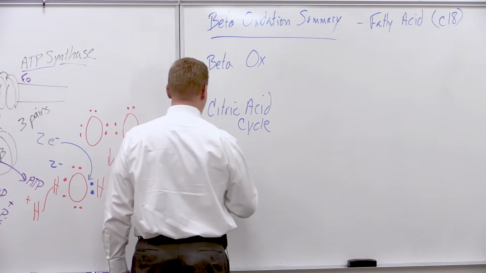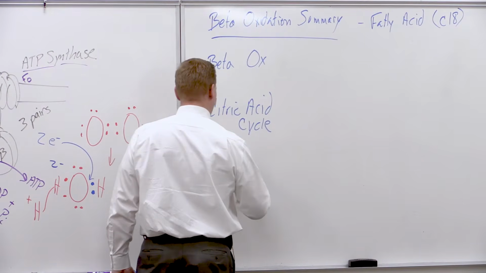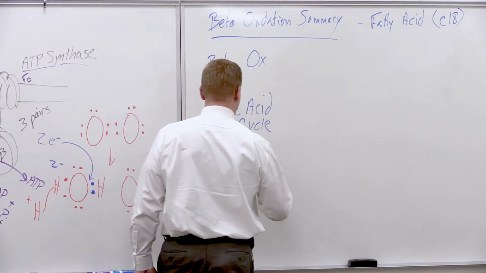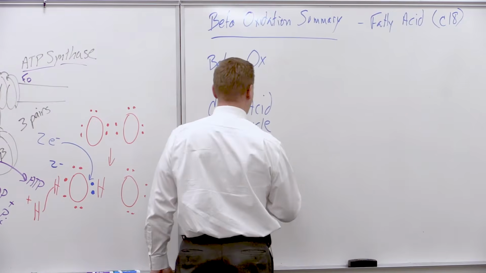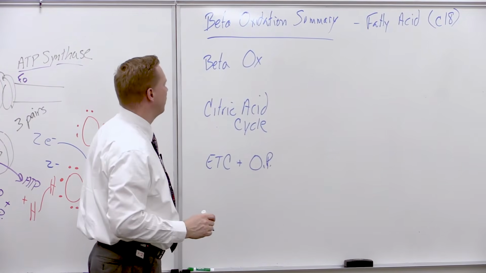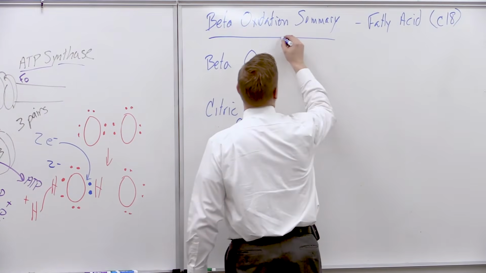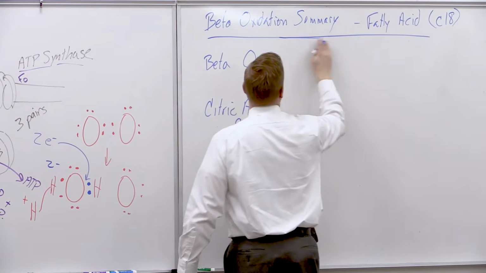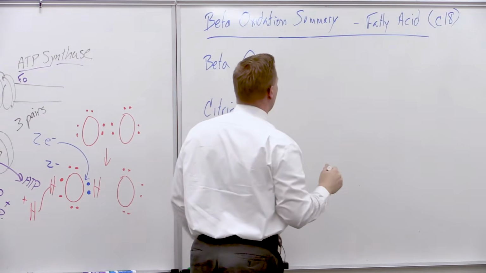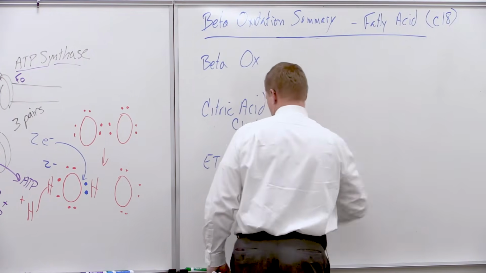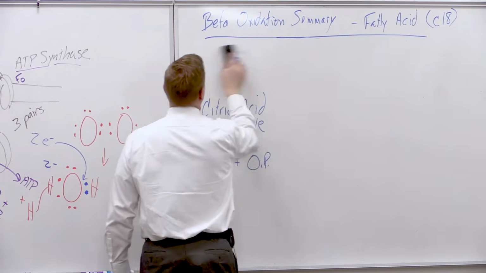And then we're going to have electron transport and oxidative phosphorylation with ATP synthase. Now, up here, we're going to track it a little bit differently. We do want to track, let's redraw this.